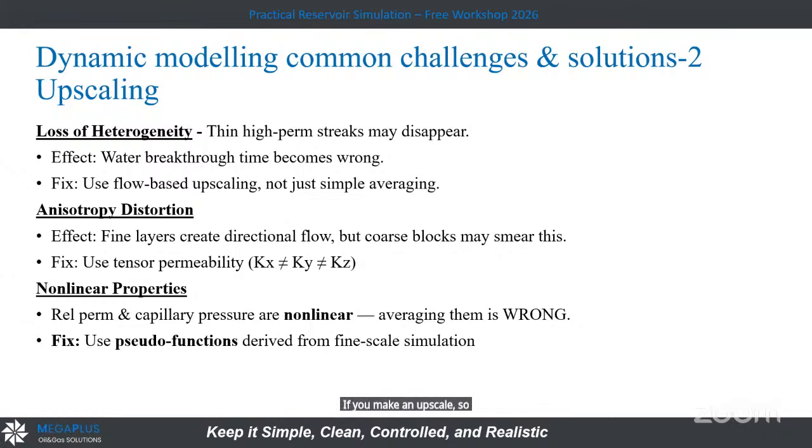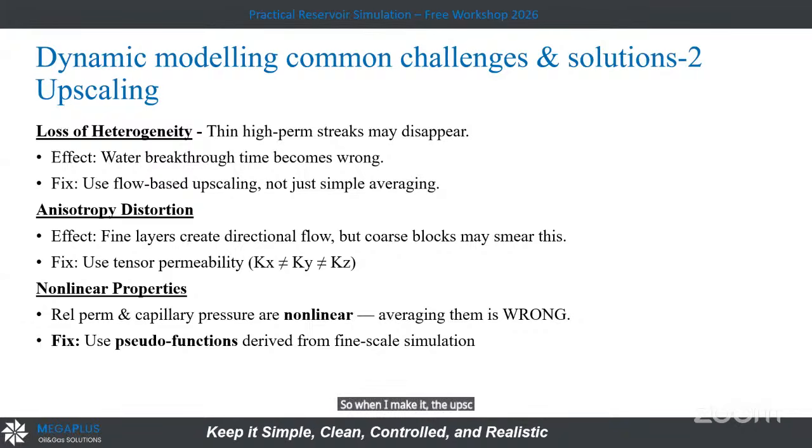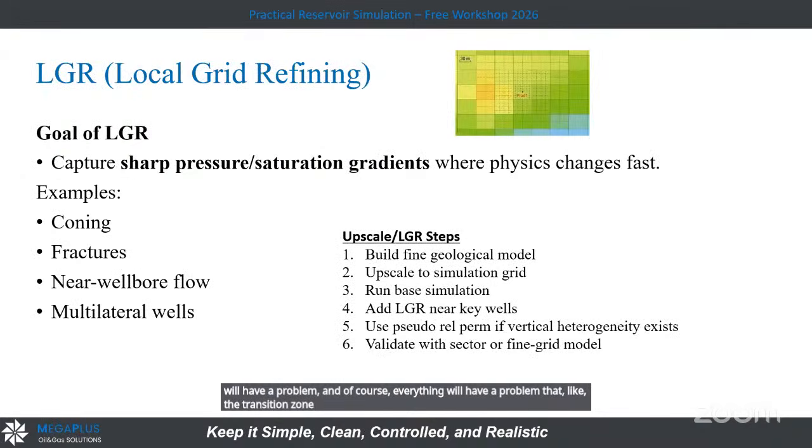As I mentioned yesterday, we have something called the Leverett J function, and I am inserting it, and the capillary pressure will be distributed depending on the permeability and the porosity. So when I make the upscale, permeability and porosity may change significantly if I make the upscale in the wrong way, so the capillary pressure will have a problem, and of course everything will have a problem, like the transition zone and all of this.